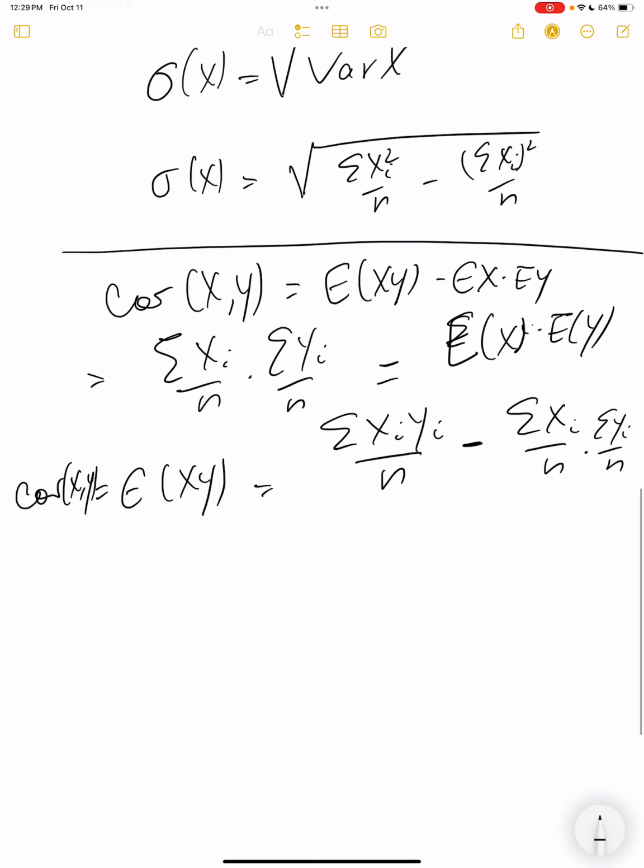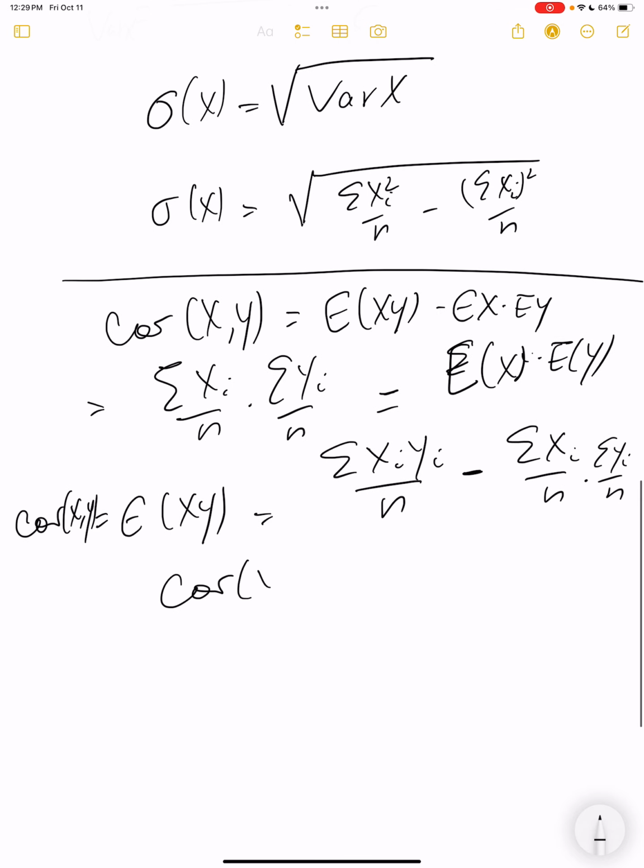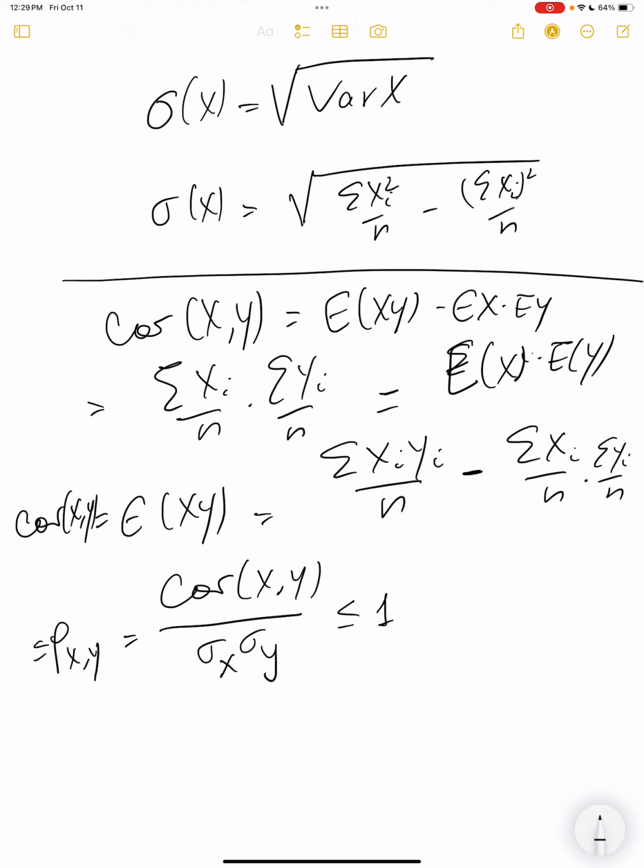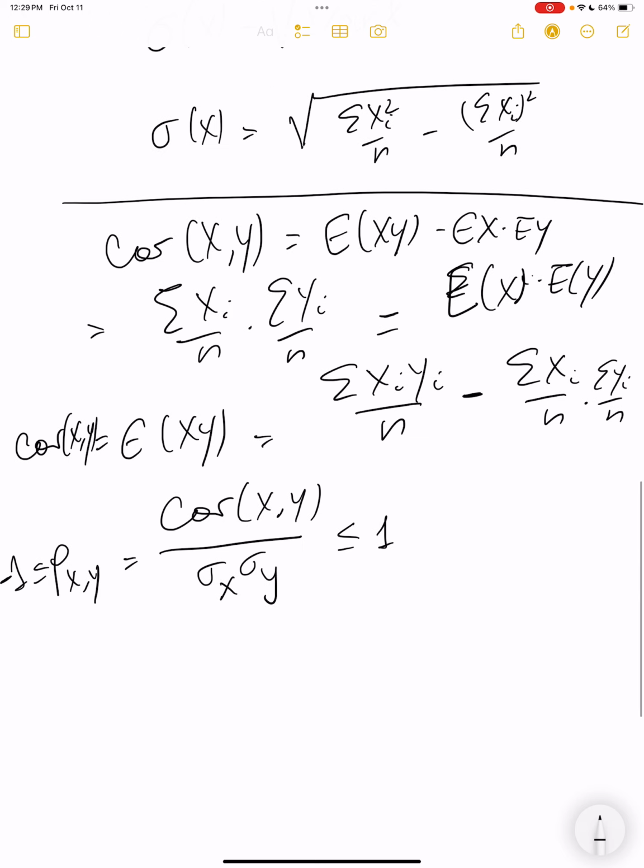And if you take the covariance of xy and you divide by the standard deviation of y and the standard deviation of x, you're going to get a correlation, rho of xy. So this number will always be between 1 and minus 1. If rho xy equals 1, it means that x and y don't have any randomness involved.